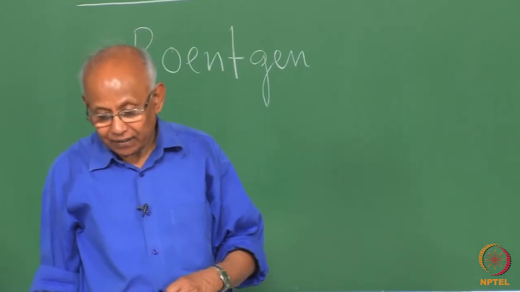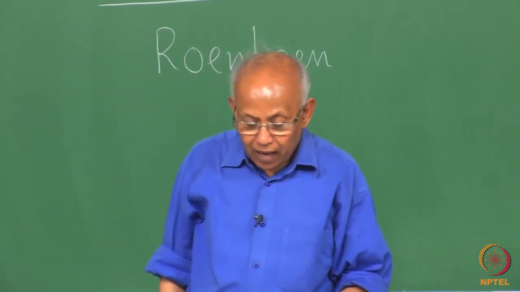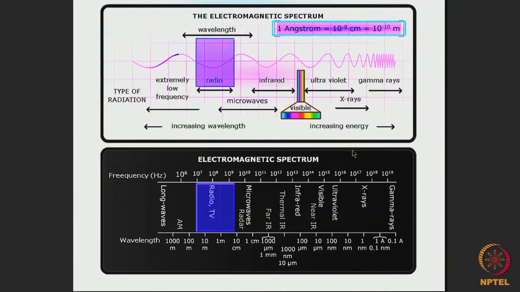light rays. Now, here is the electromagnetic spectrum, which shows the different types of radiation with their frequencies, and this is the range for visible light, and this is where the X-rays come.